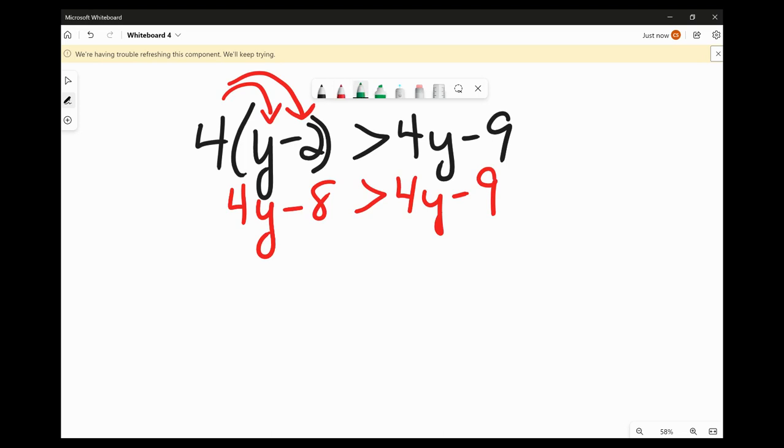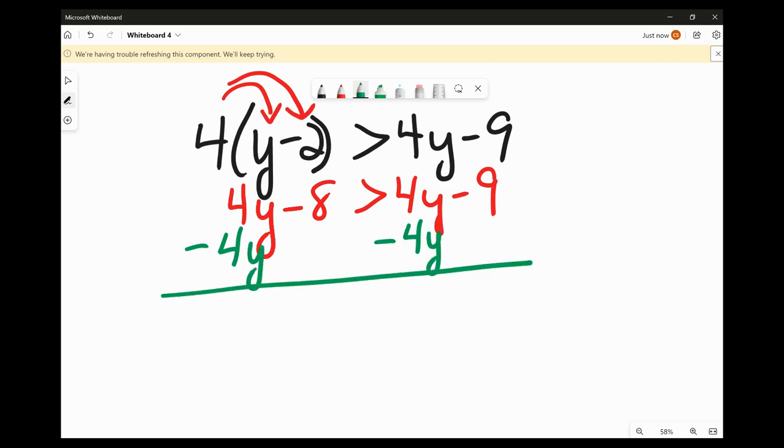My next step is to move the variable from one side to the other. I'm going to subtract 4y on both sides, because what I do on one side, I have to do to the other. 4y minus 4y is 0, and I'm left with negative 8 on this side, then the greater than sign. On the right-hand side, 4y minus 4y is still 0, and all that's left is negative 9.